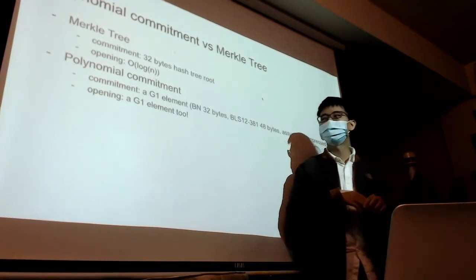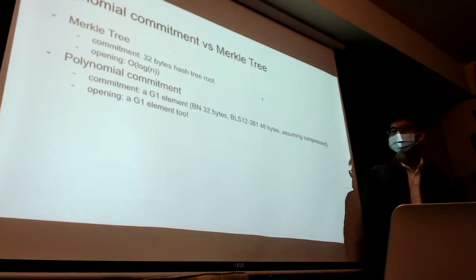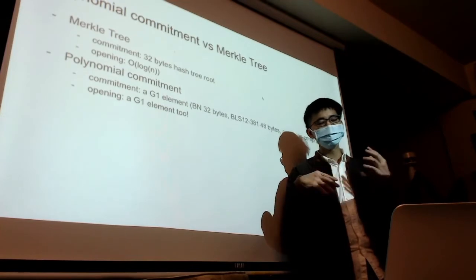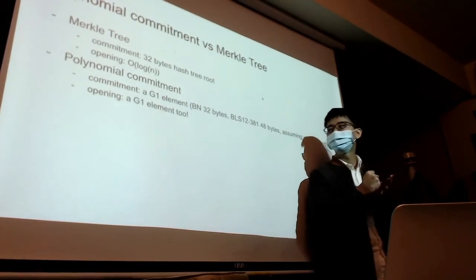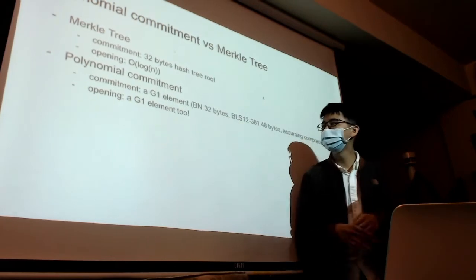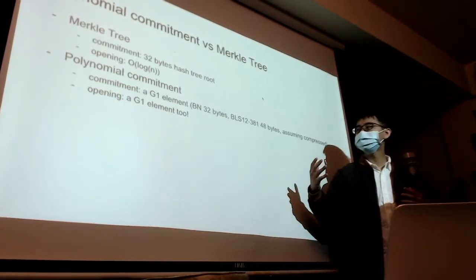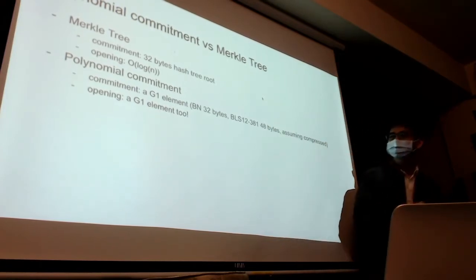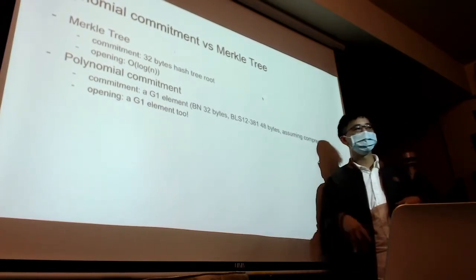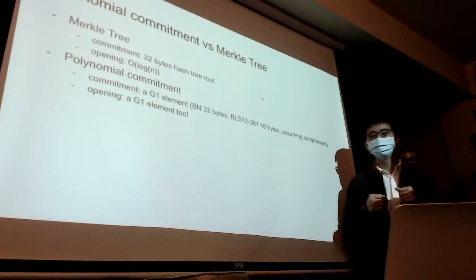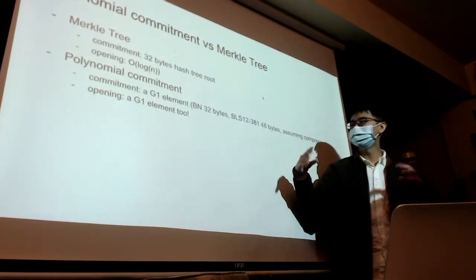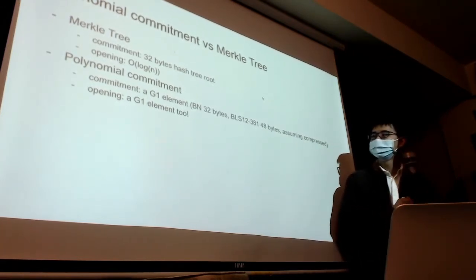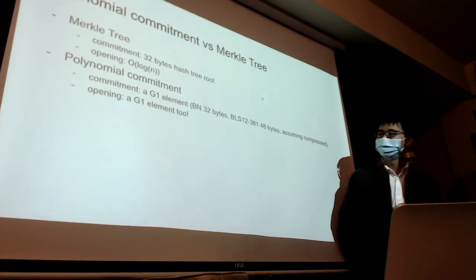On the other hand, in the polynomial commitment, a commitment is an elliptic curve point element, a G1 element. It depends on which curve family you are using. If you are using a BN curve, usually we use a 128-bit level of security. It's usually 32 bytes, and BLS12-381 is 48 bytes, assuming that we compress the point.